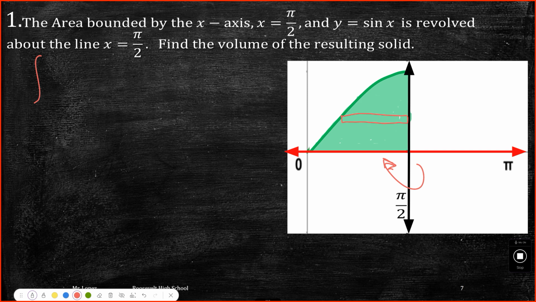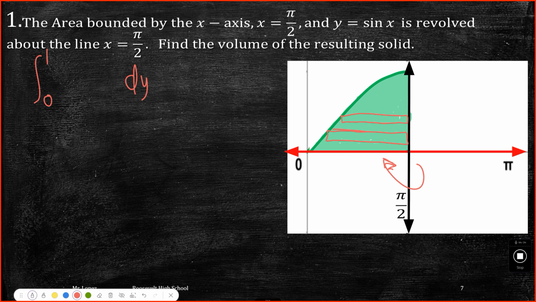So it's going to be dy. And it's going from where to where? The lowest is 0, and the top is 1, because the function goes all the way to 1 at the top. So 0 to 1.